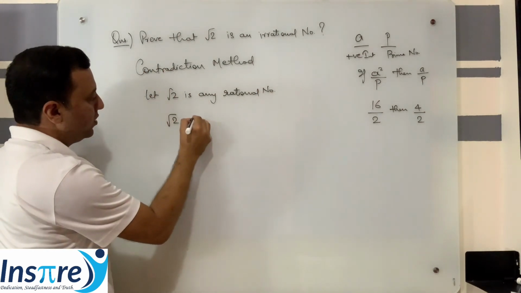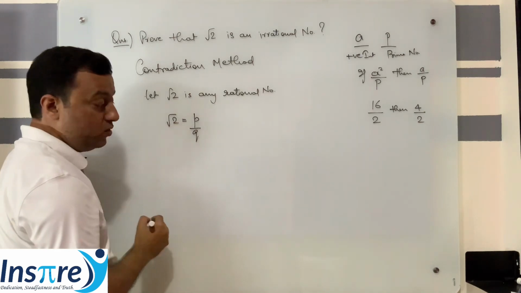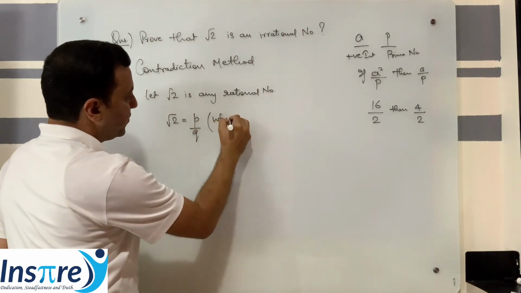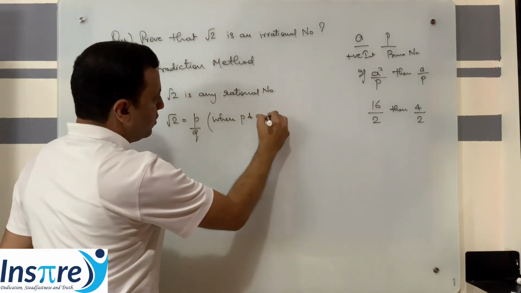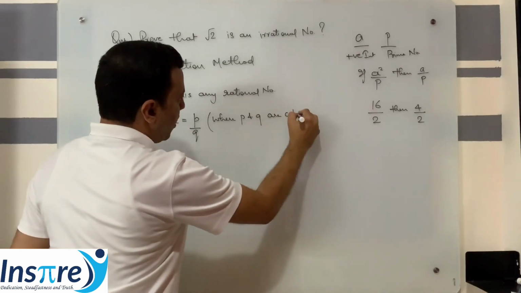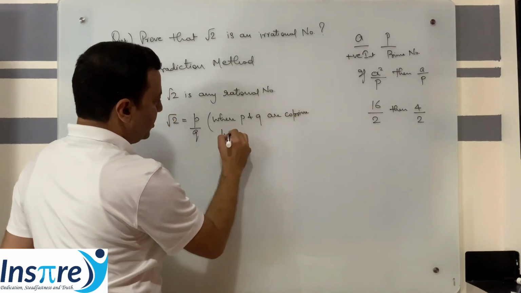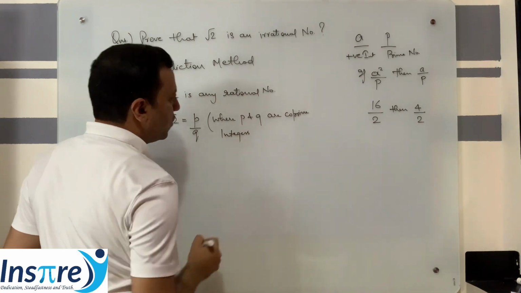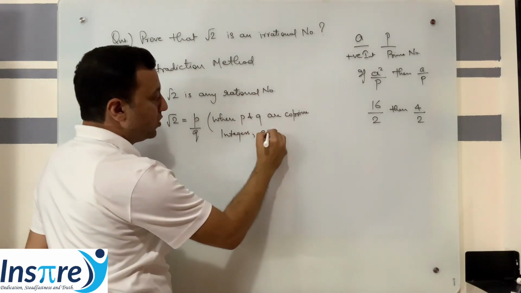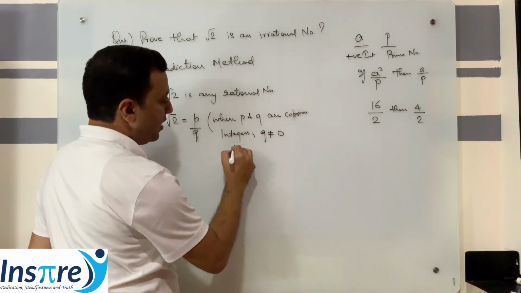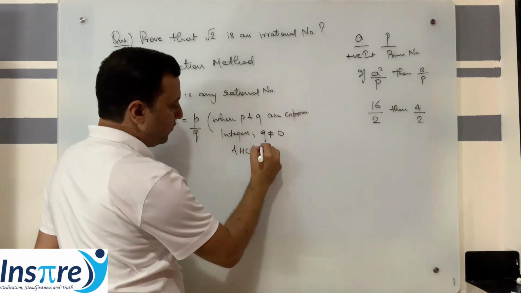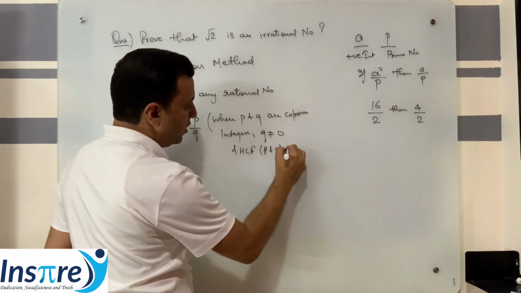So root 2 will be in the form of p by q, where p and q are co-prime integers, q not equal to 0, and HCF of p and q will be equal to 1.